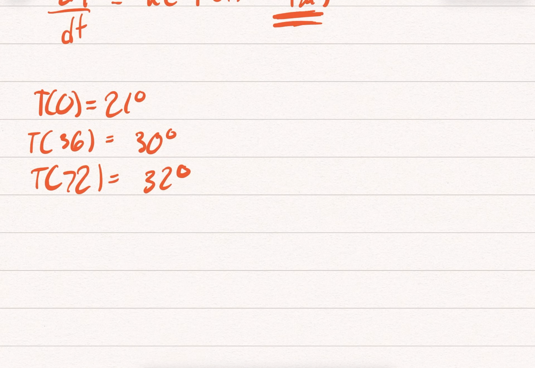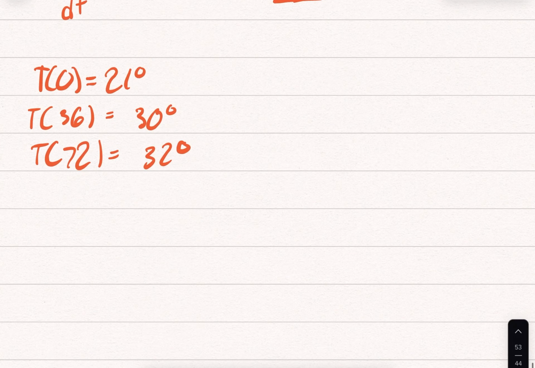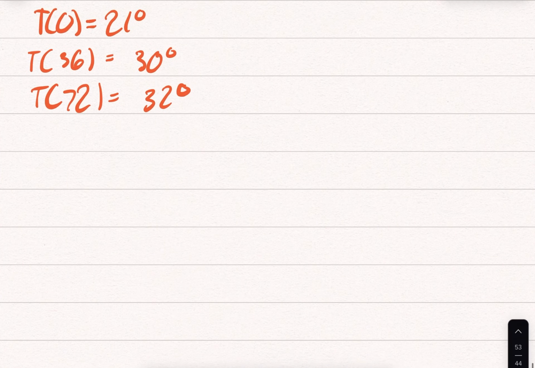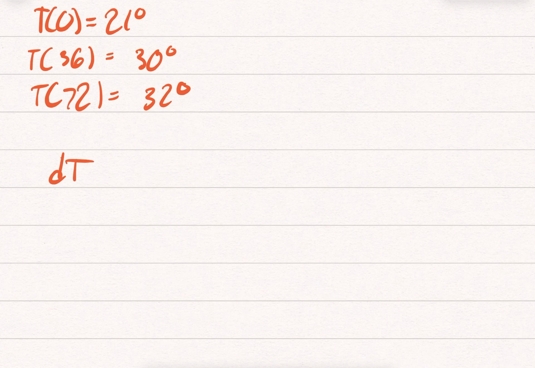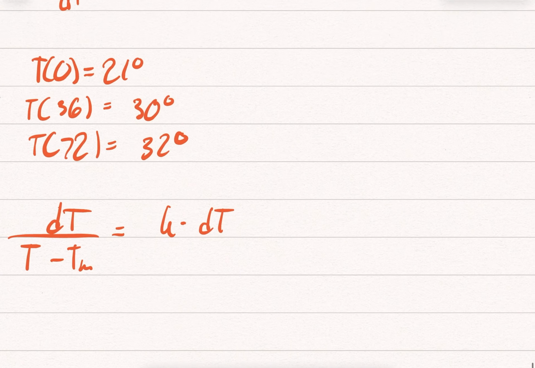Now, let's just put some things in and see what we get. I want my T on one side. So I'm going to get dT over T minus Tm equals K times dt.